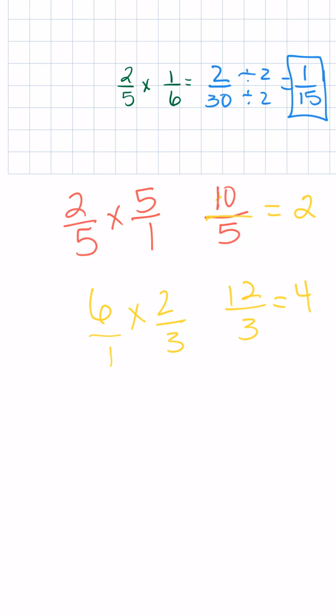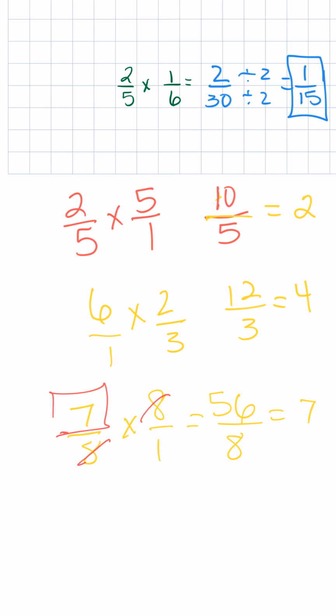Let's try one more. If we have 7/8 times 8, 56 over 8. 8 goes into 56 7 times. Once again, you could cross out here, and then you see that 7 is the answer.